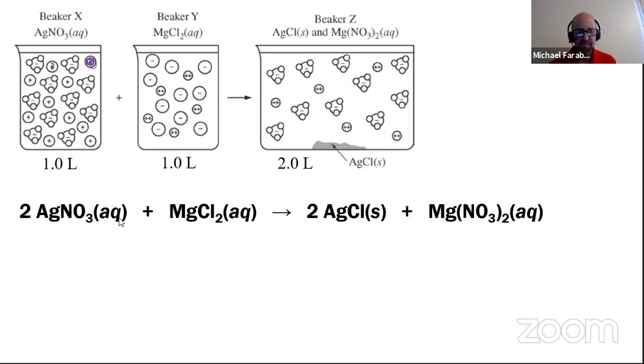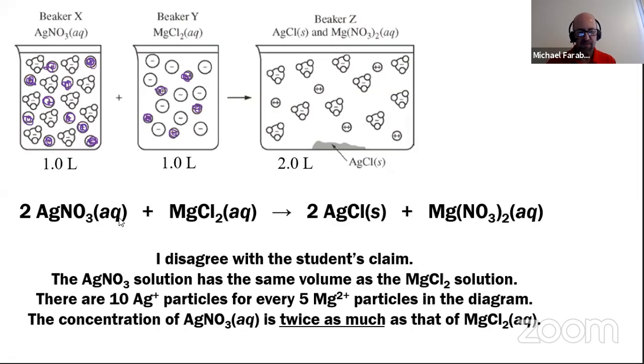That's 1, 2, 3, 4, 5, 6, 7, 8, 9. There are 10 silver ions. Now for the cations, Mg2+, 1, 2, 3, 4, 5. So therefore, I disagree with the student's claim, and here's why.